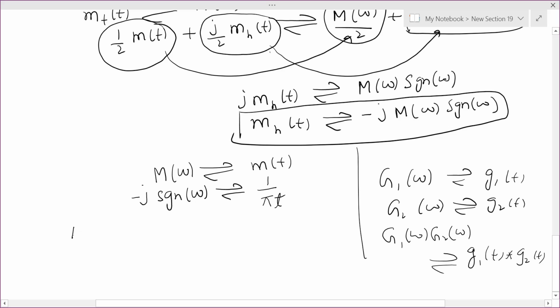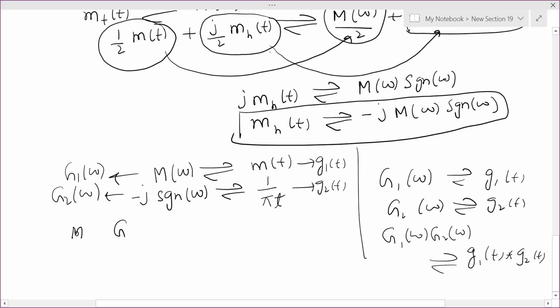So if your g1 of omega is M of omega, your g2 of omega is minus j signum of omega, and your m of t is g1 of t, your 1 by pi t is g2 of t.